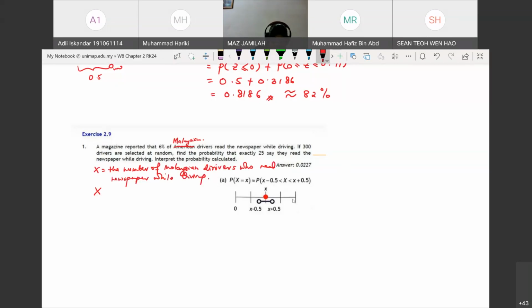Okay, and X is distributed following binomial. How many trials? 300, right? And what is the probability of success? 6%, so 0.06.